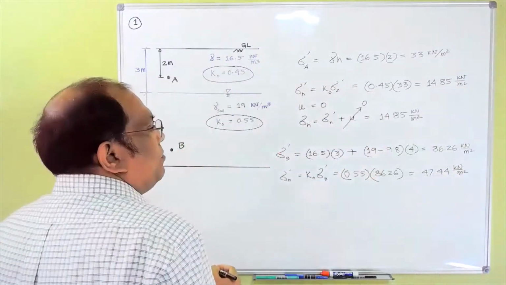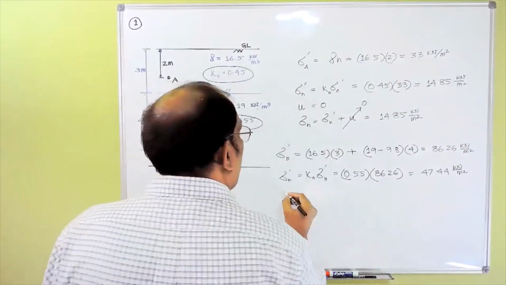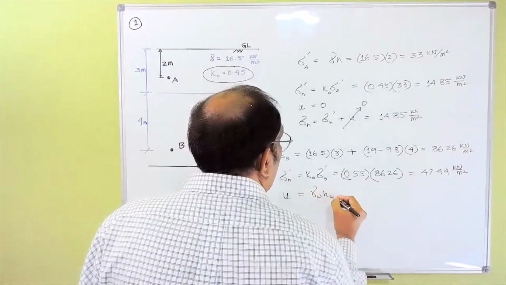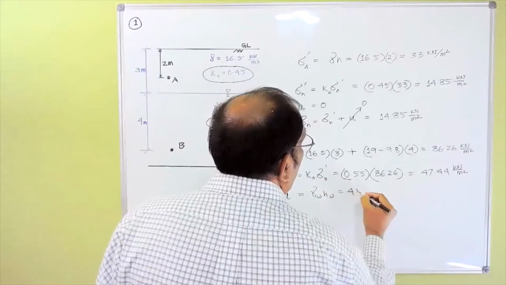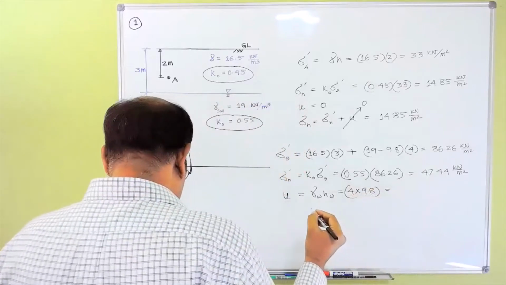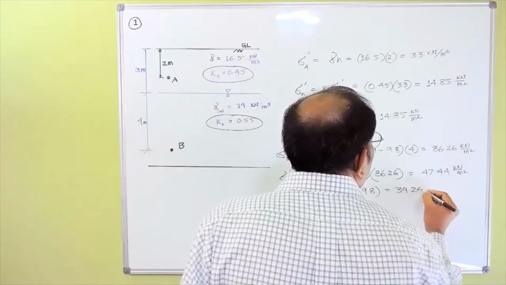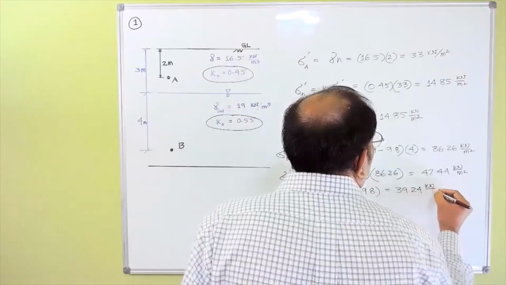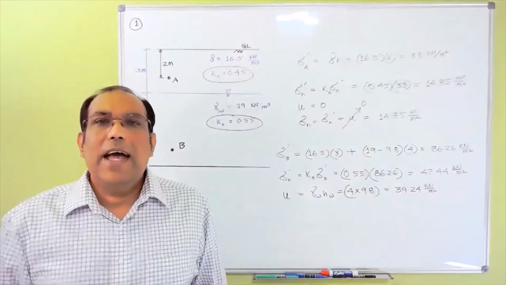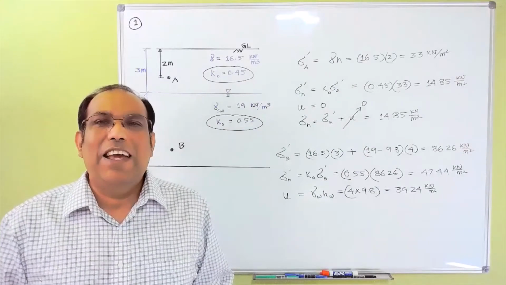And you can see at point B, this is underwater, and this is 4 meters of water. So your pore water pressure here is gamma W times HW, which is 4 into 9.8. That's actually 39.24 kilonewton per meter square. Now you know from the property of the fluid that fluid exerts the same pressure in every direction.